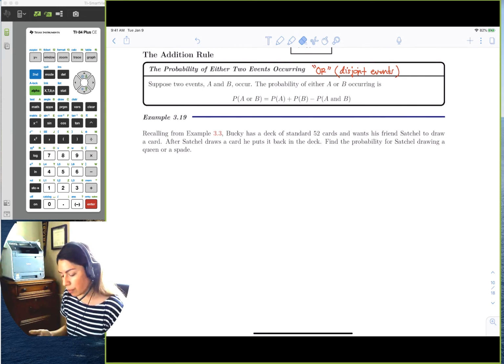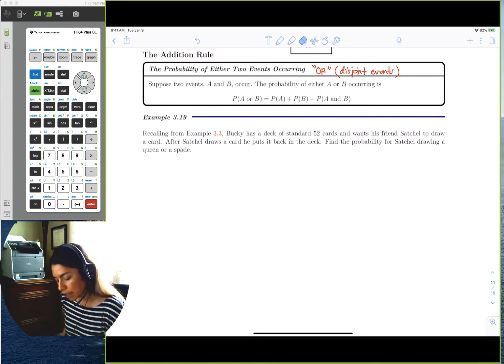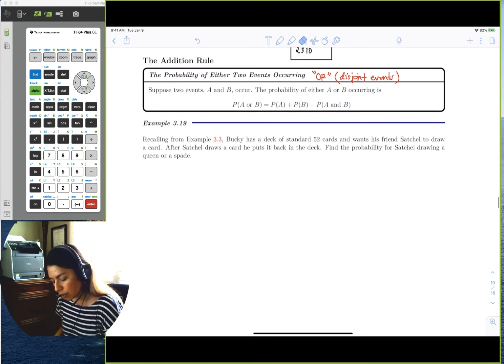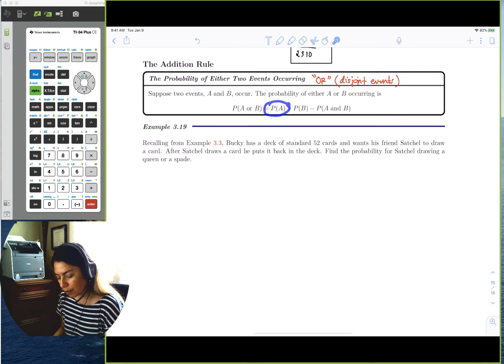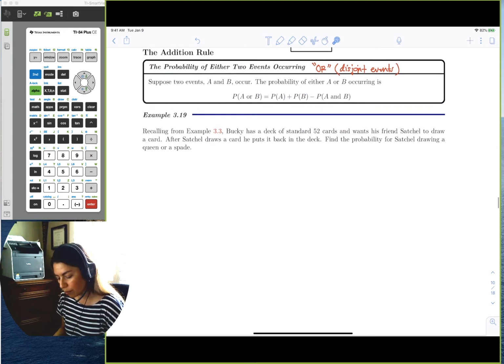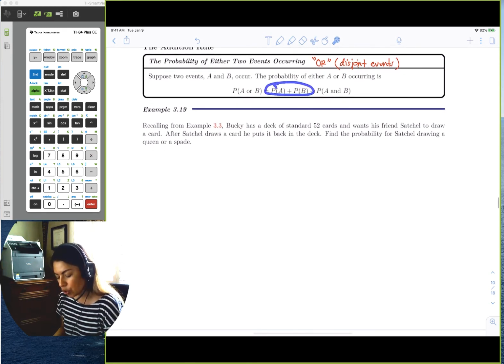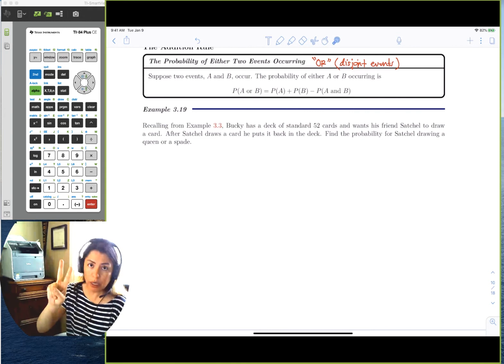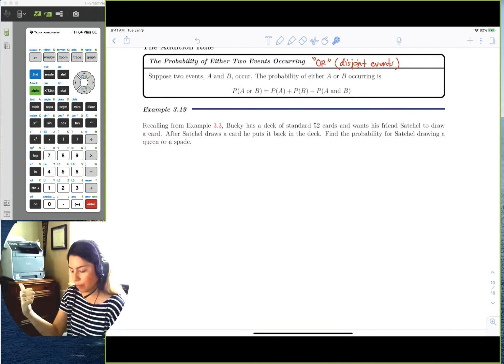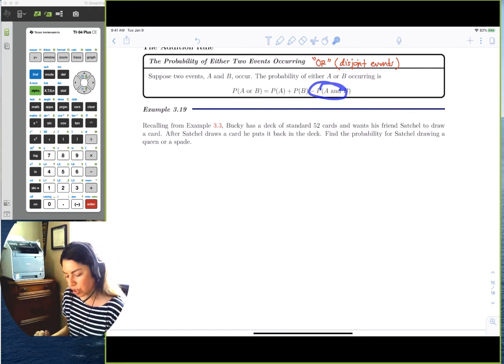So again, the probability of A or B is equal to the sum of each event occurring minus the intersection. Because if you have an overlap between these two probabilities, you're going to double dip, right? You're taking that queen of hearts and adding it to a queen of hearts, and therefore you have now two queen of hearts. Well, you got to take away one of them, right? And so that's what the subtraction is for.